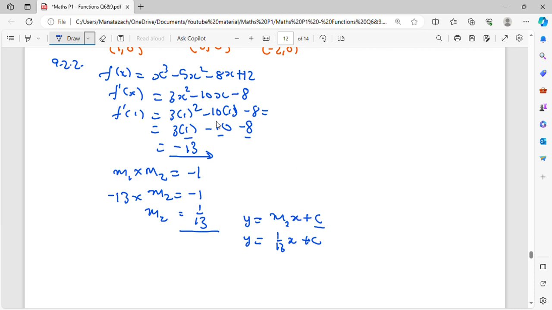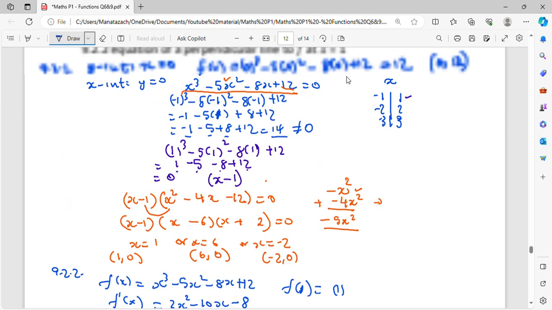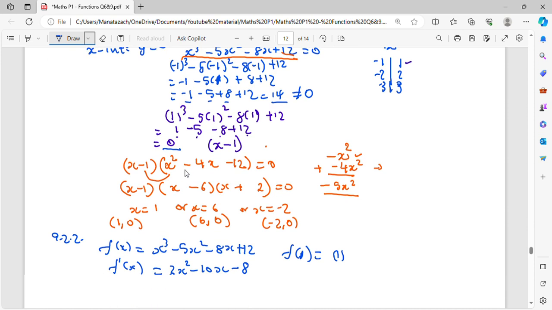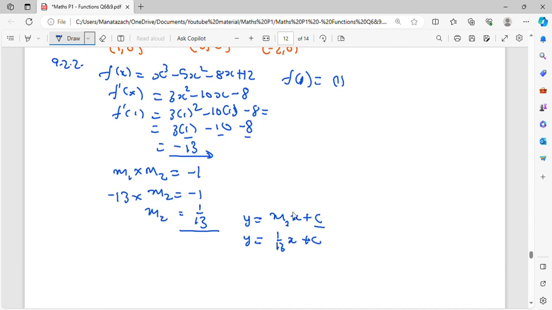When x is 1, we found a 0, so we have a point where this straight line is passing through, where x is 1, then y is 0.